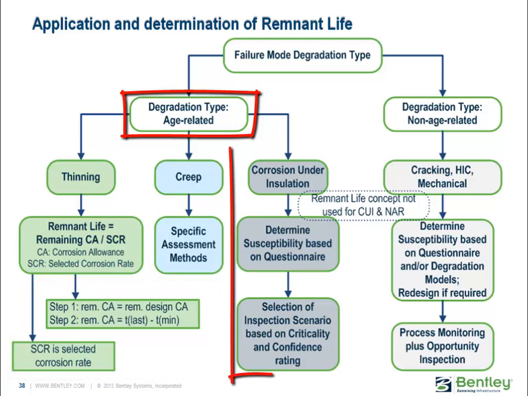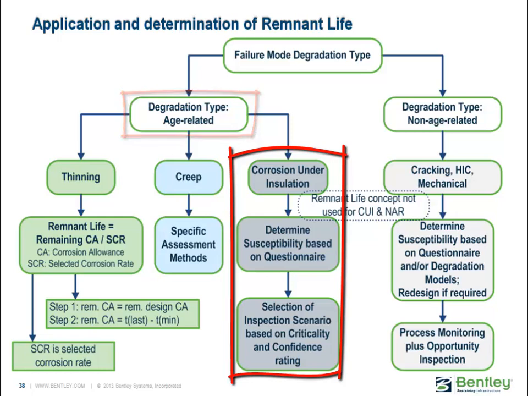For the non-trendable ones, which is going to be the corrosion under insulation or strategy based, we are going to define the probability of a failure based on the questionnaires, which are different based on the material type, stainless steel or carbon steel, and based on the probability of a failure, criticality assessment, and confidence rating, we are going to define what's the inspection scenario.